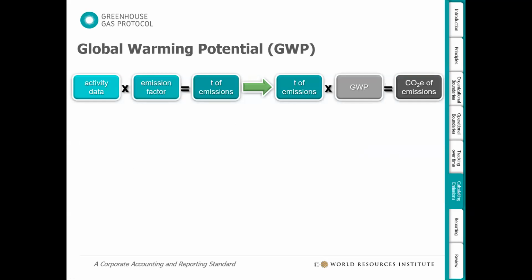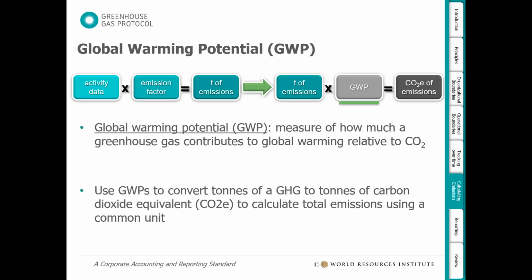Okay, so the third component of the calculation equation concerns GWPs, or global warming potentials. GWPs basically measure how much a greenhouse gas contributes to global warming relative to CO2, and they're used to convert tons of a greenhouse gas to tons of carbon dioxide equivalent. That then allows us to express all emissions of different gases on a common currency.